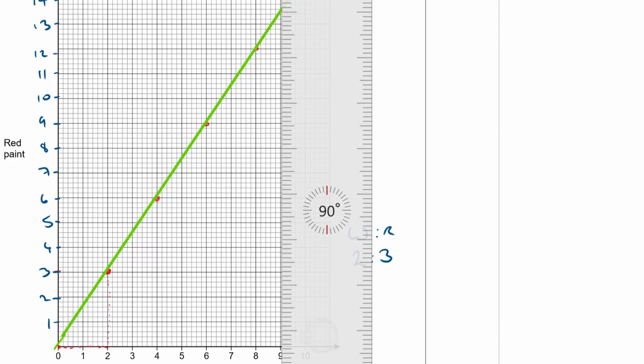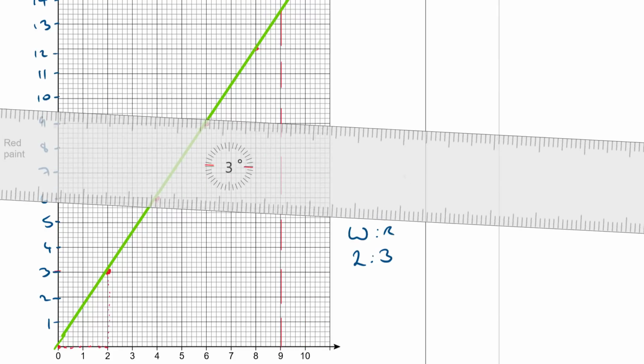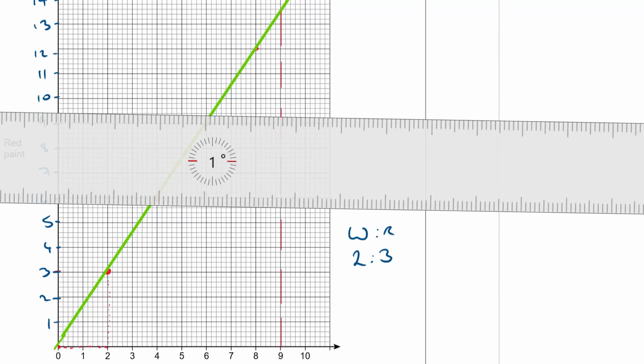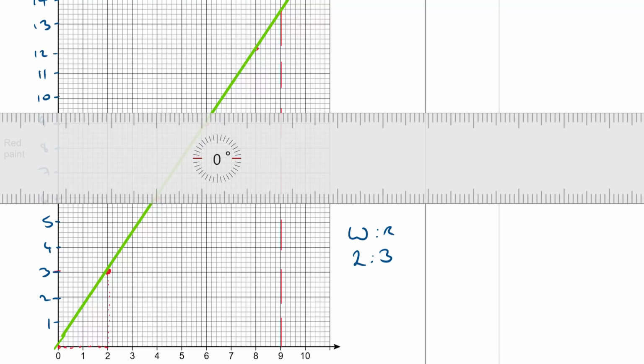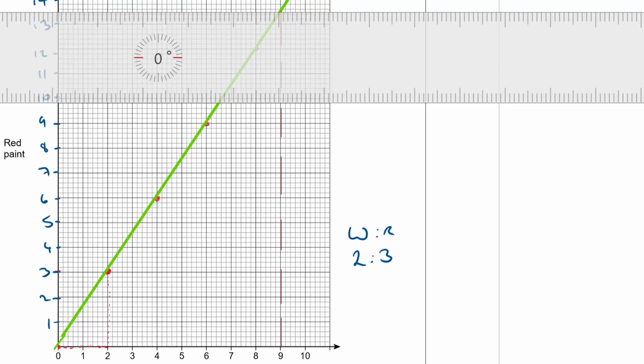Okay. So going up till I get to the line and then changing direction. I'm going across.